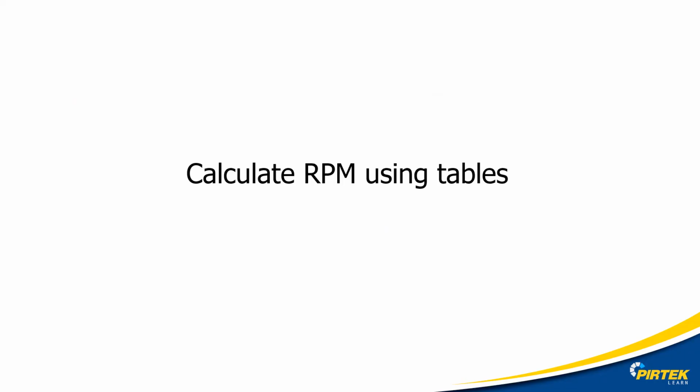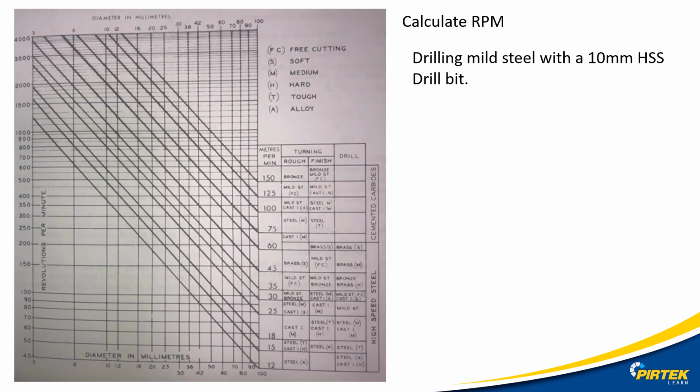Using lookup tables to calculate RPM. Let's use this example from the Fitting and Machining Trade Textbook. In this example, we're going to look up the RPM for drilling steel with a 10mm high-speed steel drill bit.